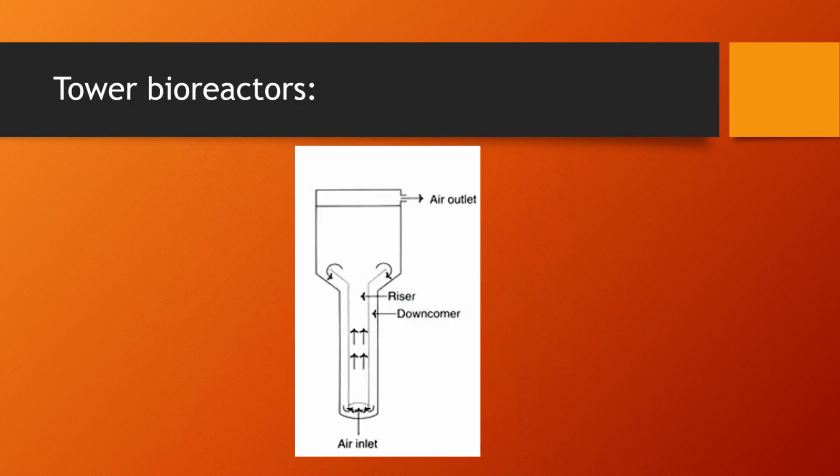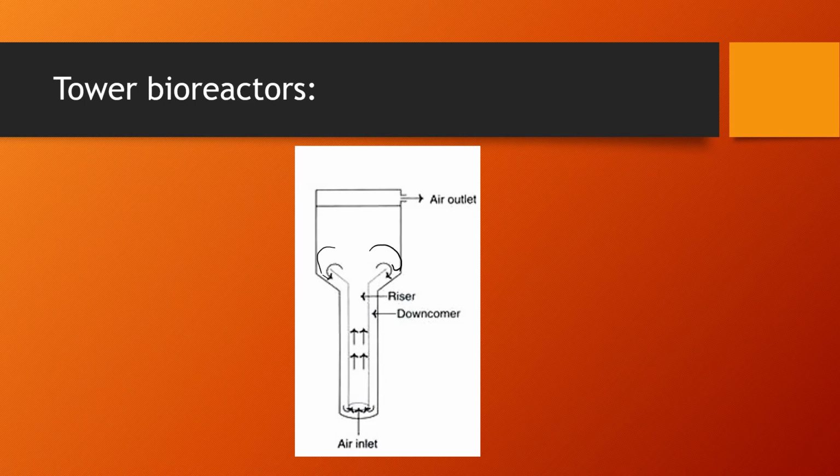Another type of airlift bioreactor is the tower bioreactor. In the case of the tower bioreactor, it looks like a tower, and here there is a gas inlet, and air is being passed through this tube. This is the riser, it is rising there, and now it is coming down.